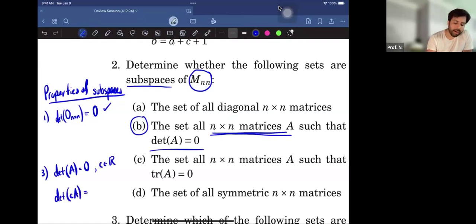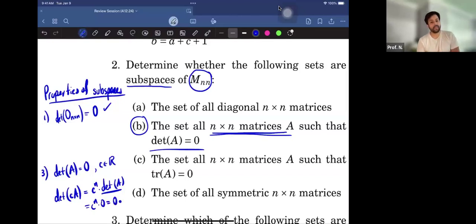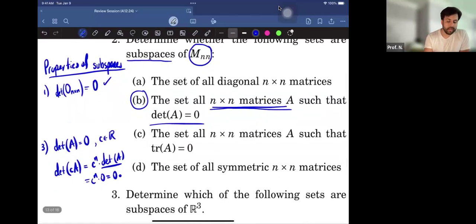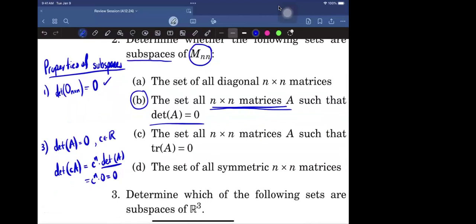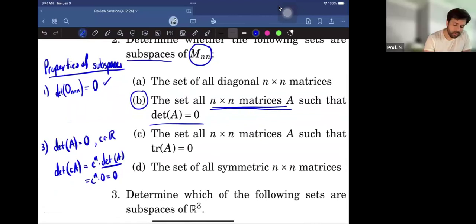Well, according to the property, don't I get C to the n times the determinant of A? But the determinant of A is 0. So guess what? This set is also closed under scalar multiplication.